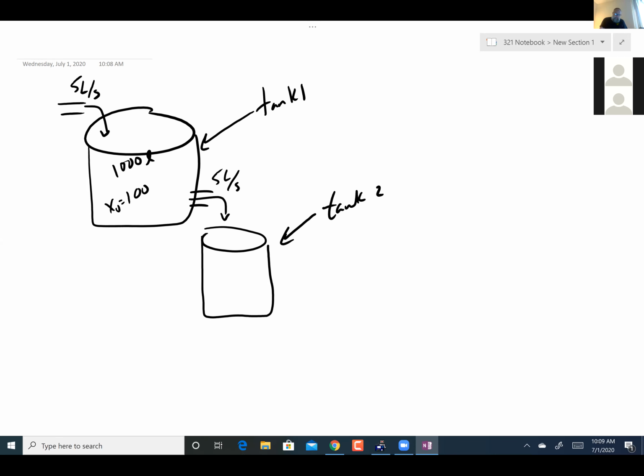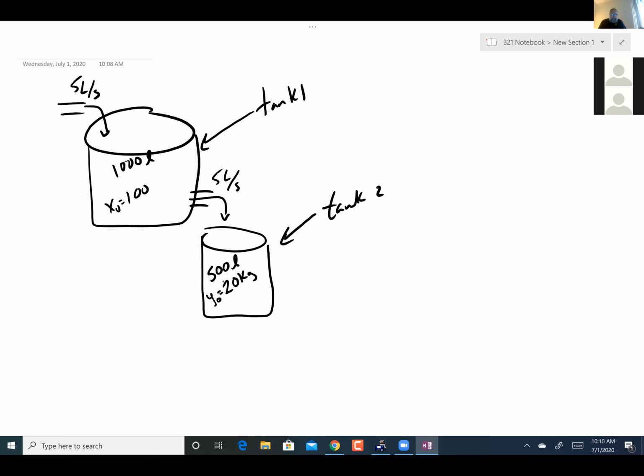Now, here's a question. Suppose I had this dropping into a tank that had initially, let's say this one holds 500 liters, because I can. And initially this one has 20 kilograms of salt. I'll call this Y0 just for a good time.